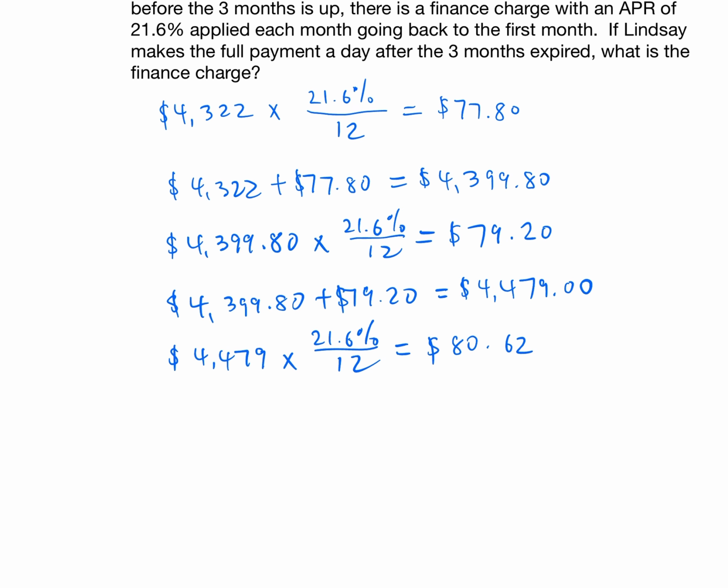Okay, so we want to know how much she owes at the end of month three, since the promotion expires then. This works out to $4,479 plus the $80.62. And that works out to $4,559.62.